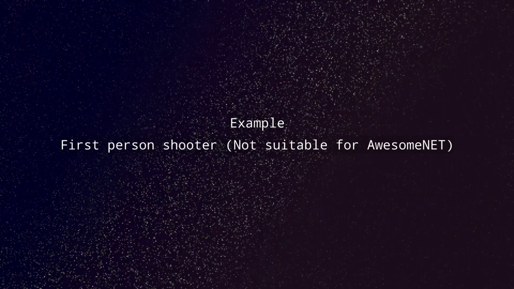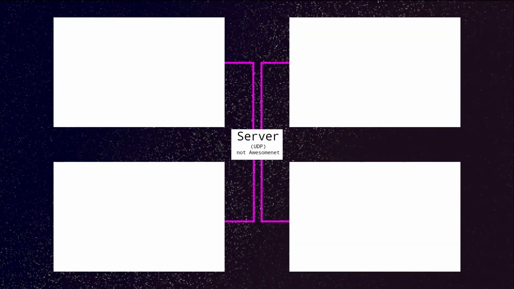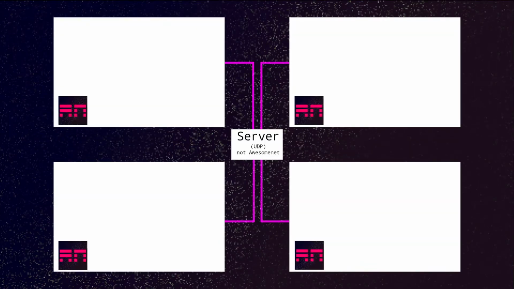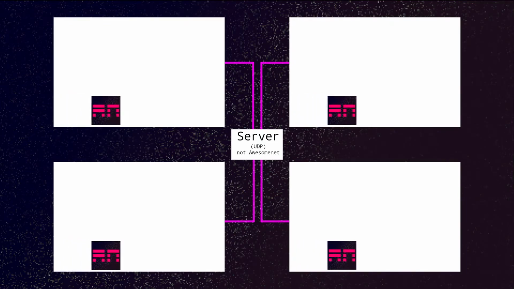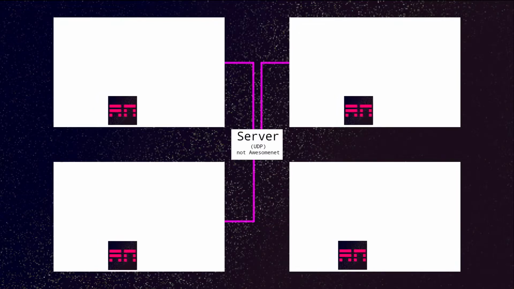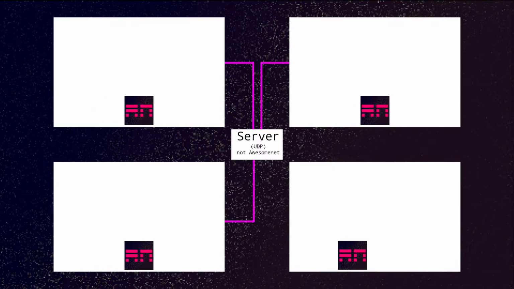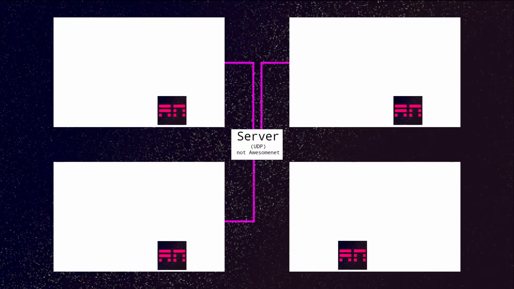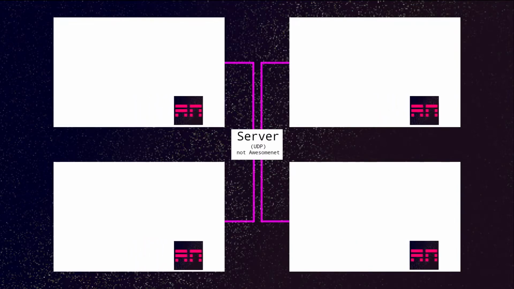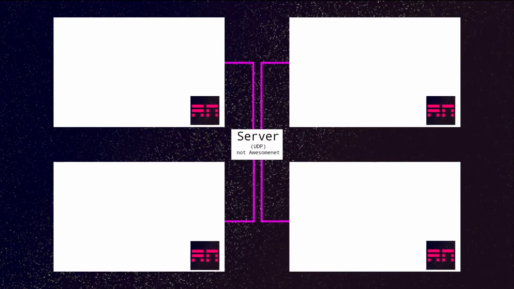In a first-person shooter, for example, you need a constant stream of the coordinates of every player, so every position of every character is constantly known by every game client. If a package drops, it doesn't matter that much, because if the next package with new player coordinates is received by the client, the players just move a little bit further at once.